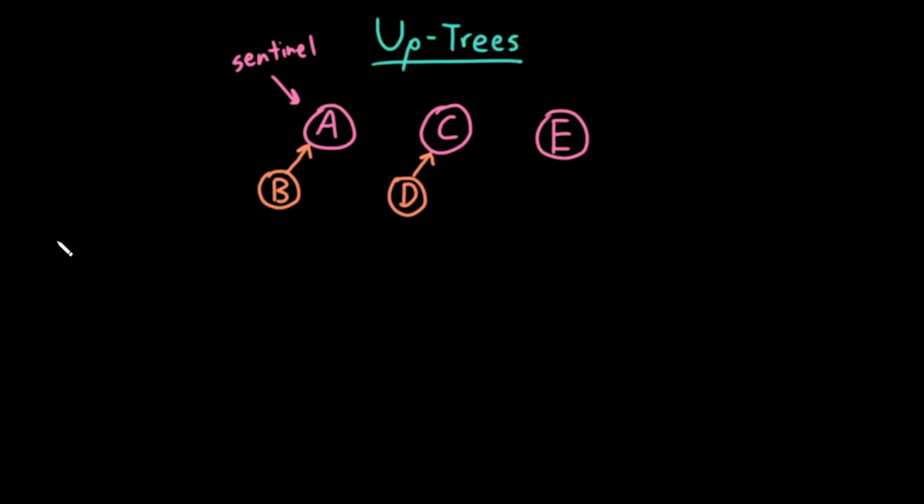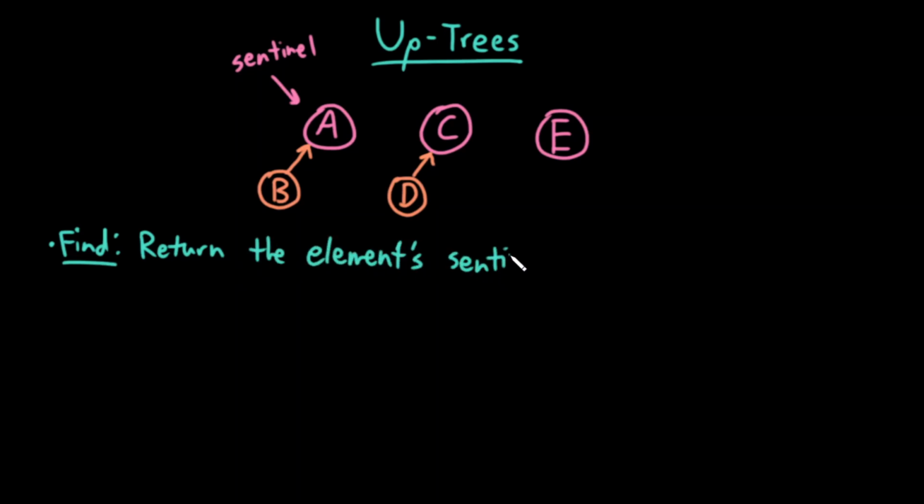I have to be able to implement find, which I can implement by just returning the element's sentinel node. So if you asked me what set does B belong to, I could go up parent pointers until I reached A, and I would say B belongs to set A. If you asked me what set does A belong to, I would traverse up parent pointers.